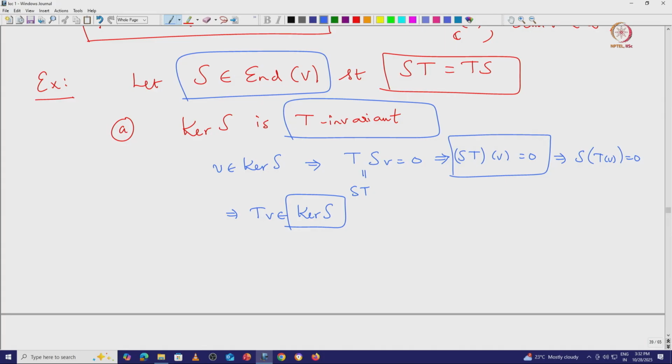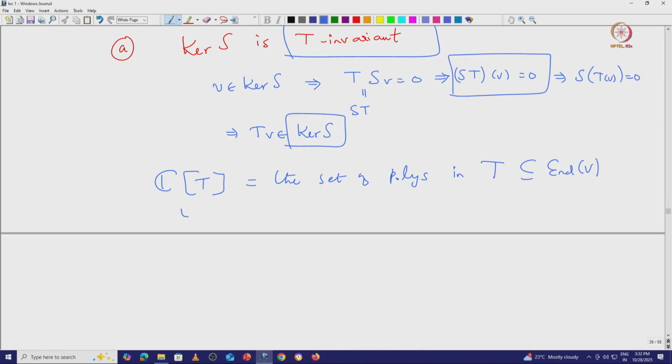We can simply take T, T square and so on, basically the algebra generated by T inside endomorphism of V, which is nothing but the polynomials in T. This is indeed a subalgebra of endomorphism of V, and these operators which are polynomials in T will definitely commute with T. There could be more elements, but at least for sure we know these.